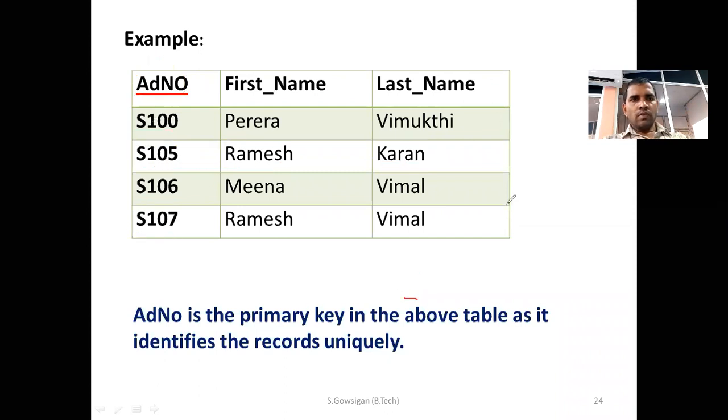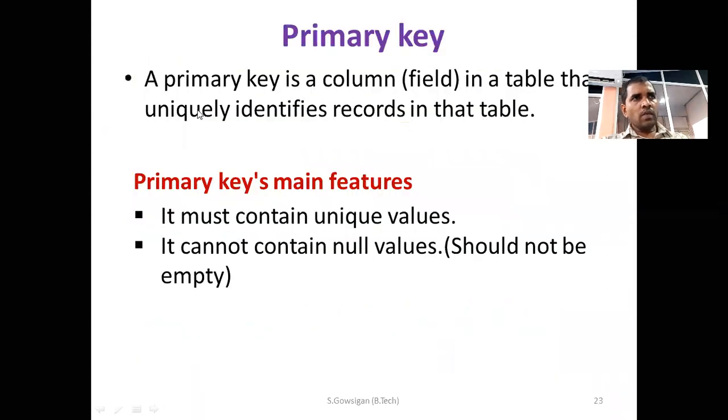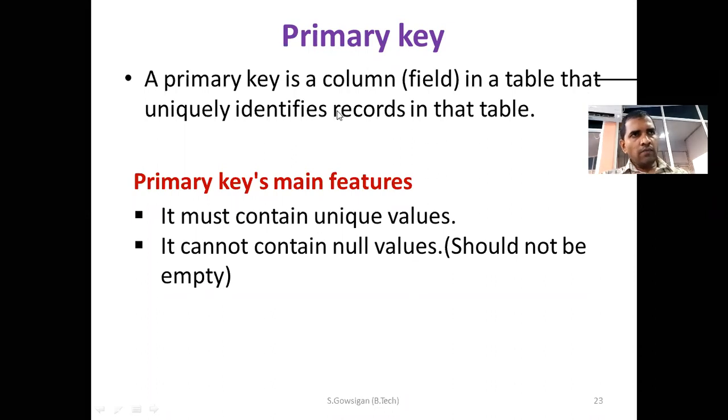Okay, so this is the idea. Now look at the definition. A primary key is a column, which means a field, in a table that uniquely identifies records in the table. Never memorize, just understand: there is a table with many fields and many records.